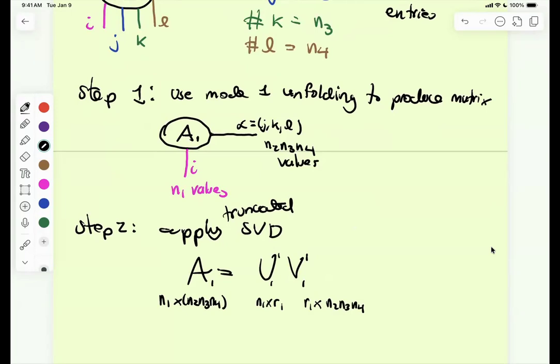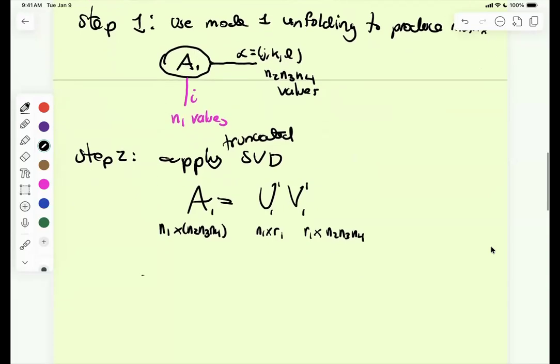And again, if you wanted to do it as a diagram, you have A1, and then you have I, and then this multi-index alpha. What the SVD tells you is that that's the same as this matrix U1, where the first leg is I, contracted with the second leg, this other matrix V1.